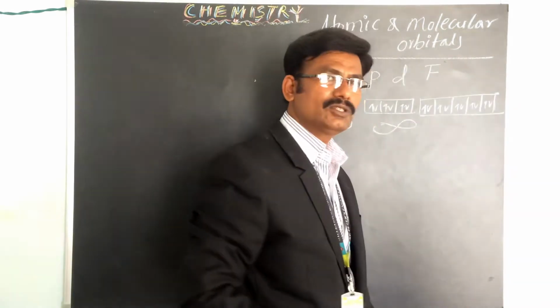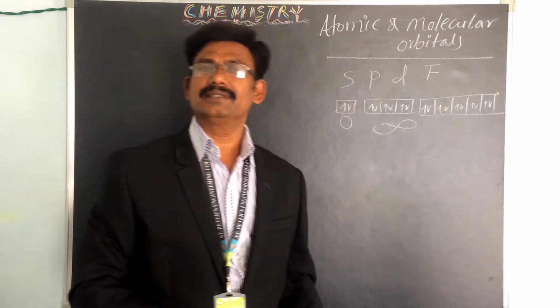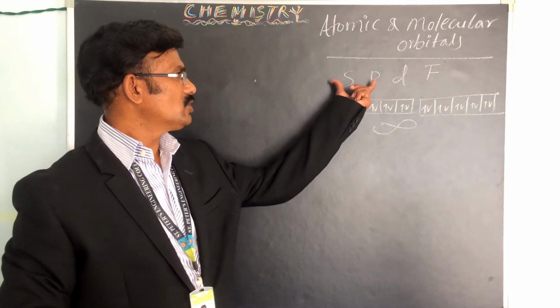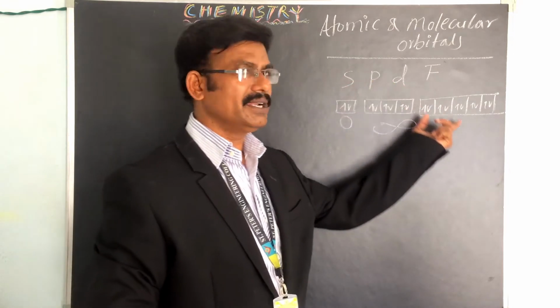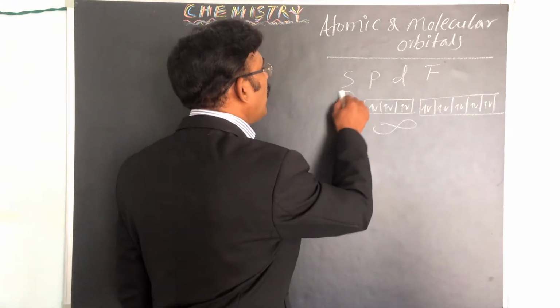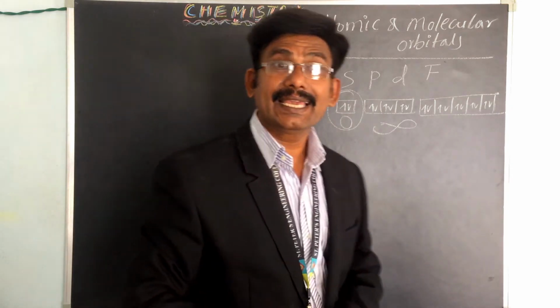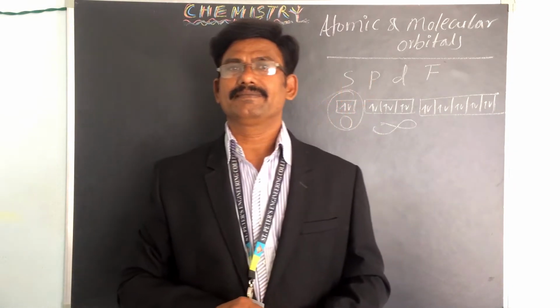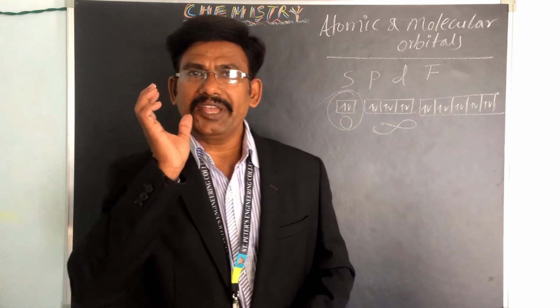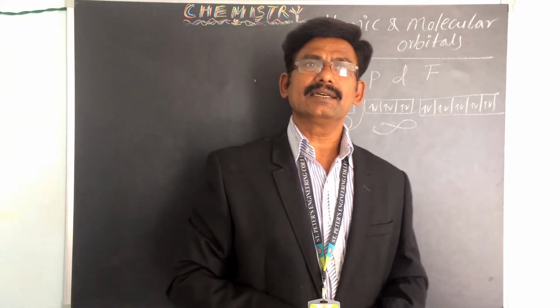This we already discussed in the last class. So S orbital, P orbital and D orbital: orbitals carry the electrons.